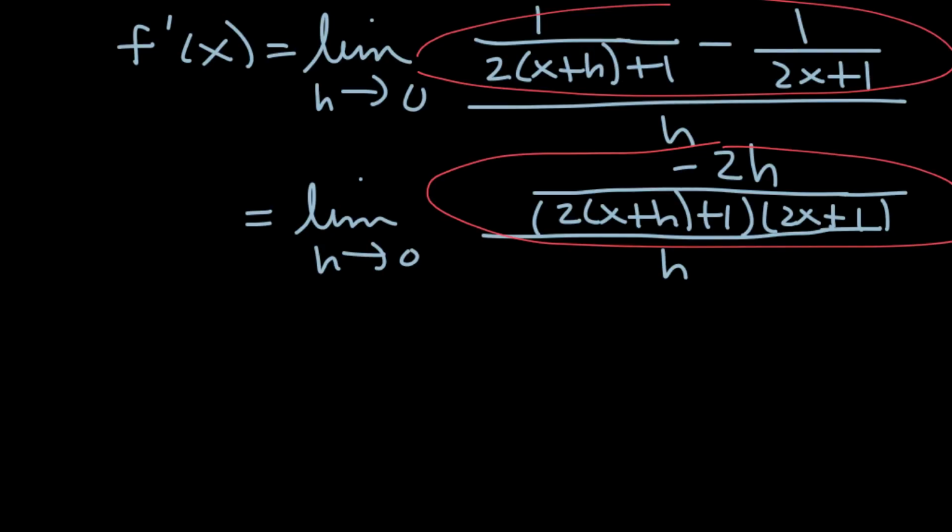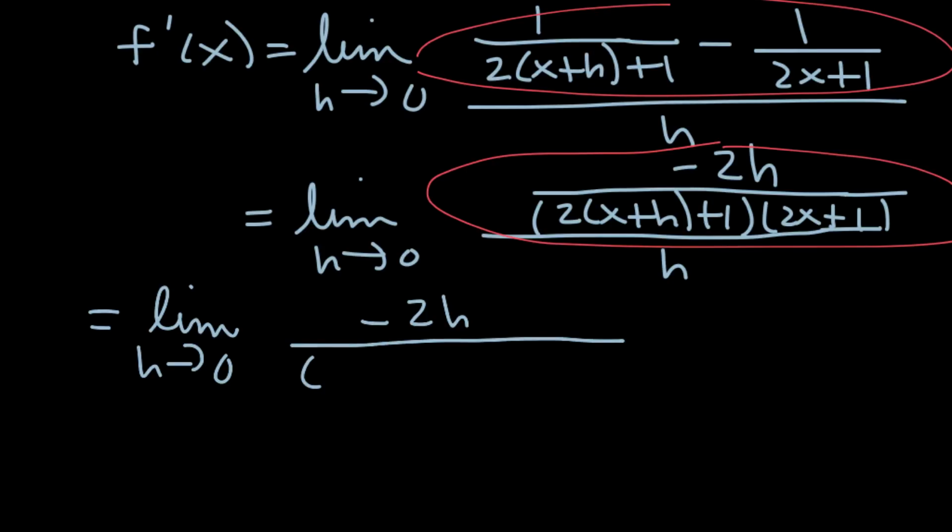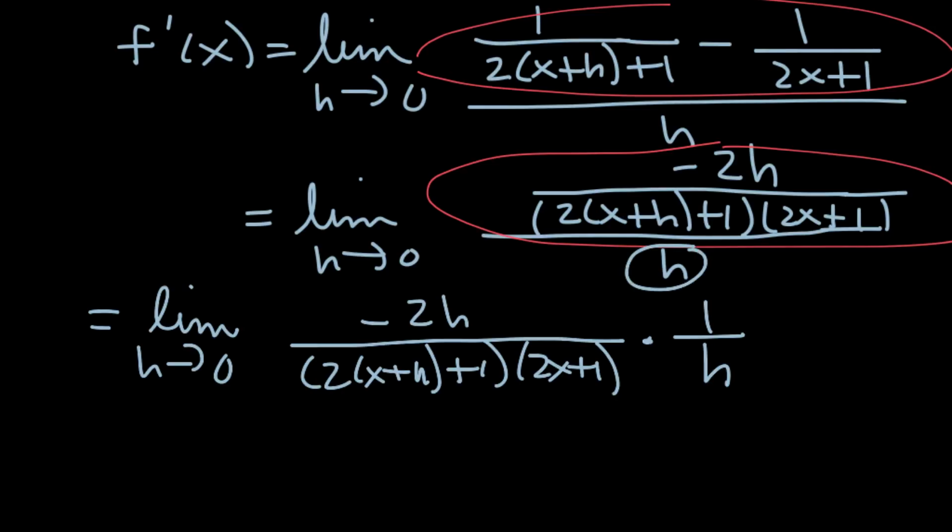Well, here we're dividing by h, but of course instead of dividing by h, we can go ahead and multiply the numerator by 1 over h. So let's do that. Here we get the limit as h goes to 0, minus 2h over 2 times x plus h plus 1 times 2x plus 1, and now times 1 over h. Dividing by h is the same as multiplying by 1 over h.